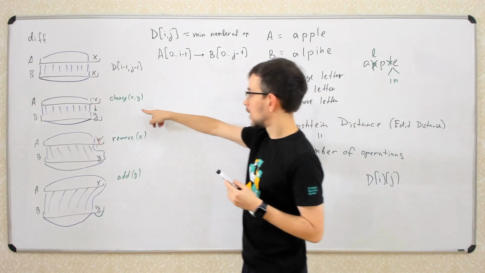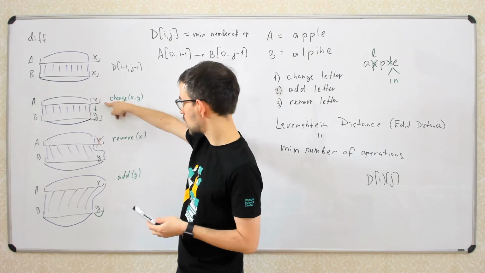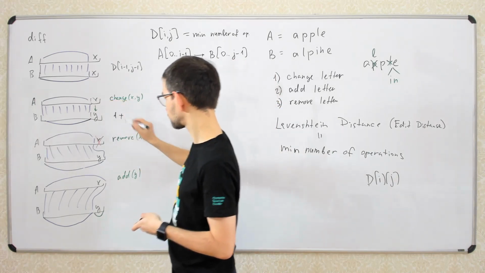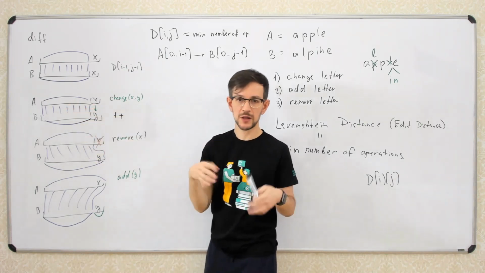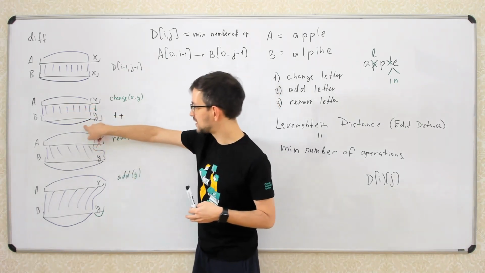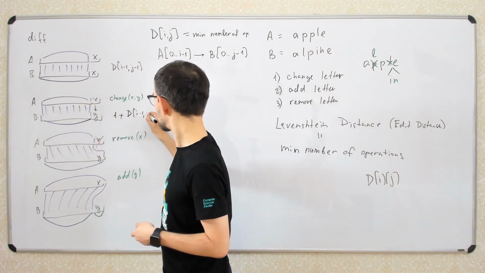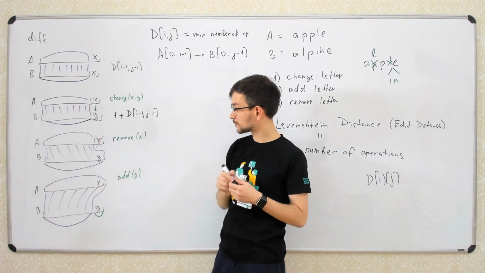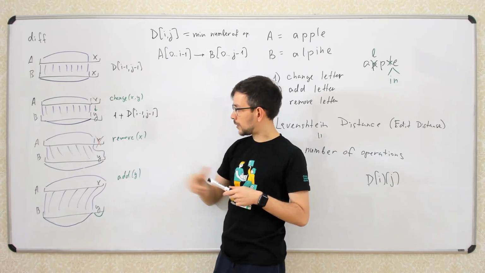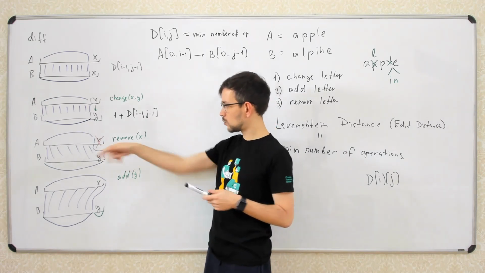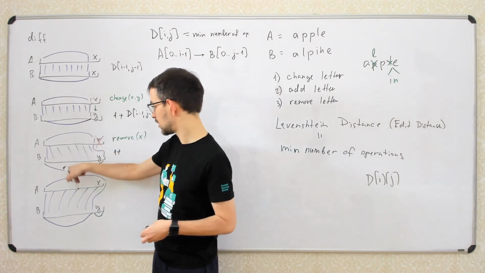Here, again, what is the minimal number of operations? We make one operation to change this x to y, plus we need to get this string from this string, and the minimal number of operations to produce this string from this string is again stored in the cell I minus 1, J minus 1. That's all. Now here, if we remove character x, we perform one operation to remove the character, and then we need to get this string from this string.